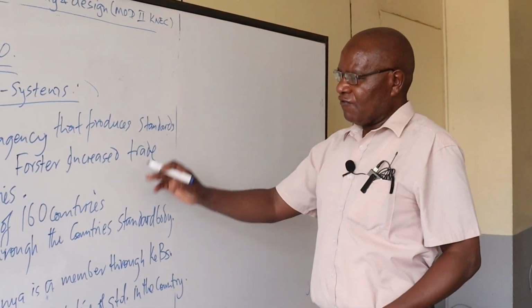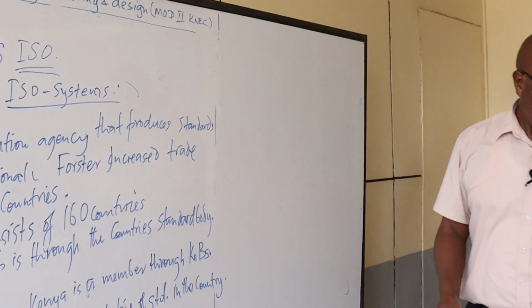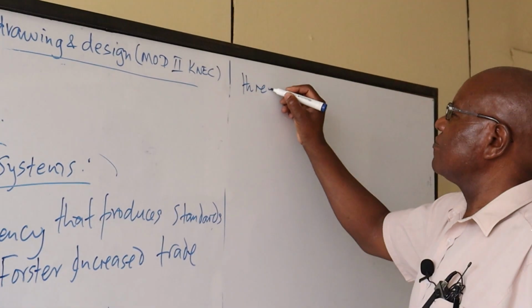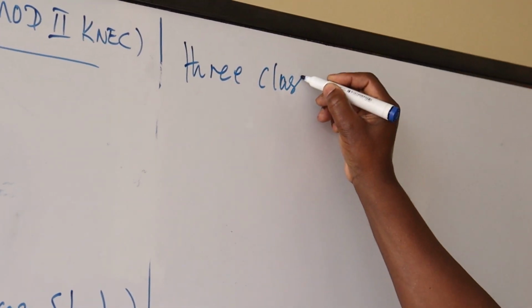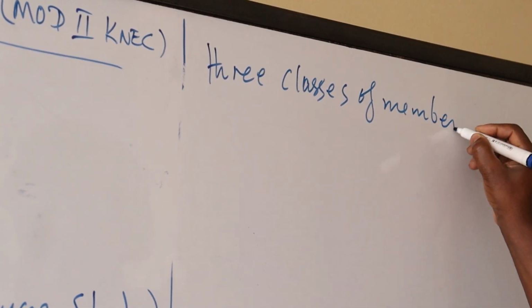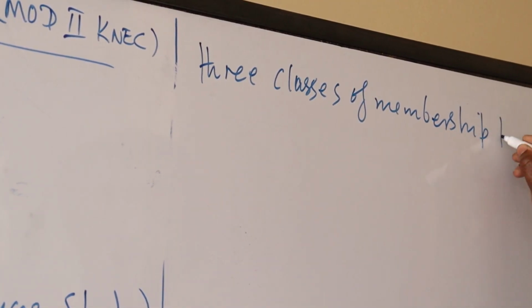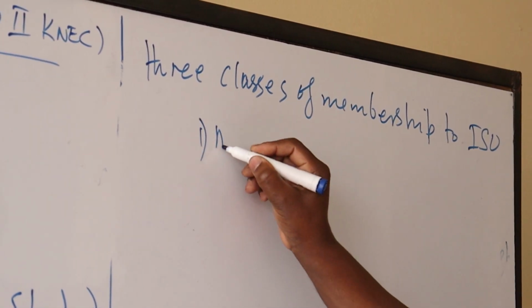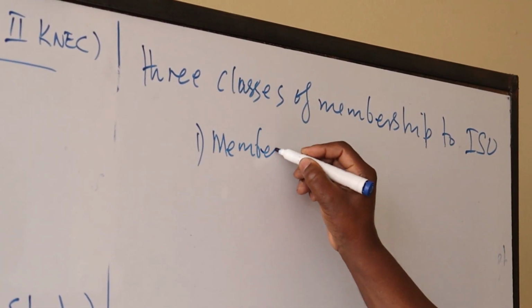Now, the classes of membership are divided into groups. We have got three kinds of groups. One is the full member, known as a member body.